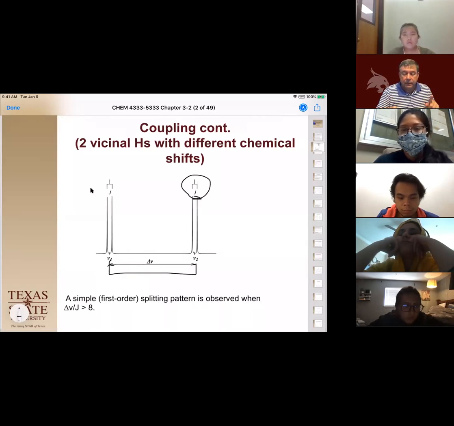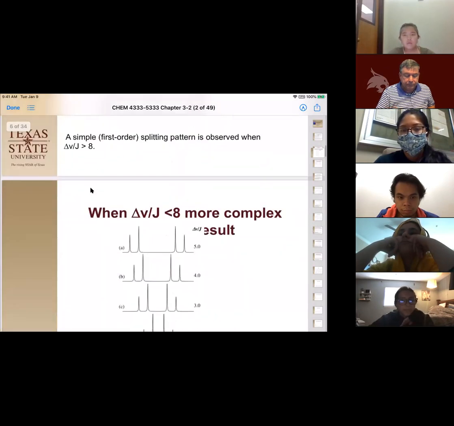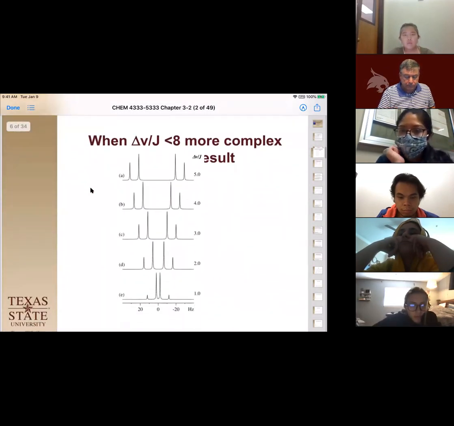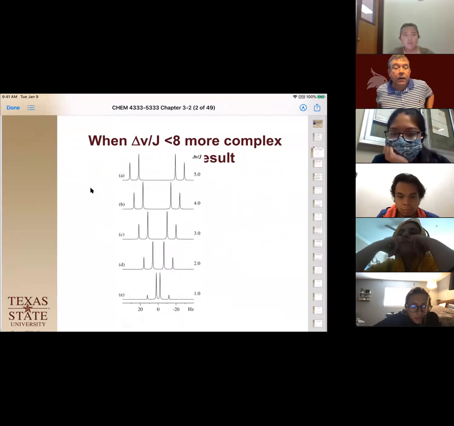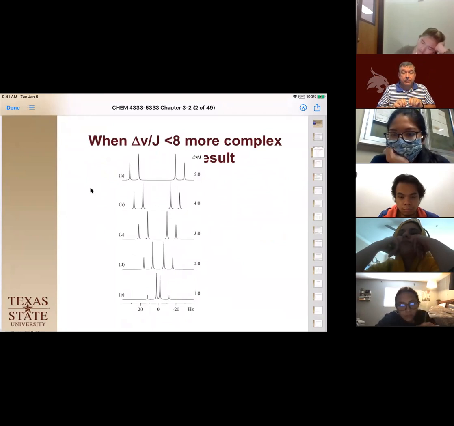So let's go a little deeper, okay? If our change in frequency divided by our coupling constant is less than 8, we start to see the peaks change shape, get closer together, and they start looking like the same peak, okay?